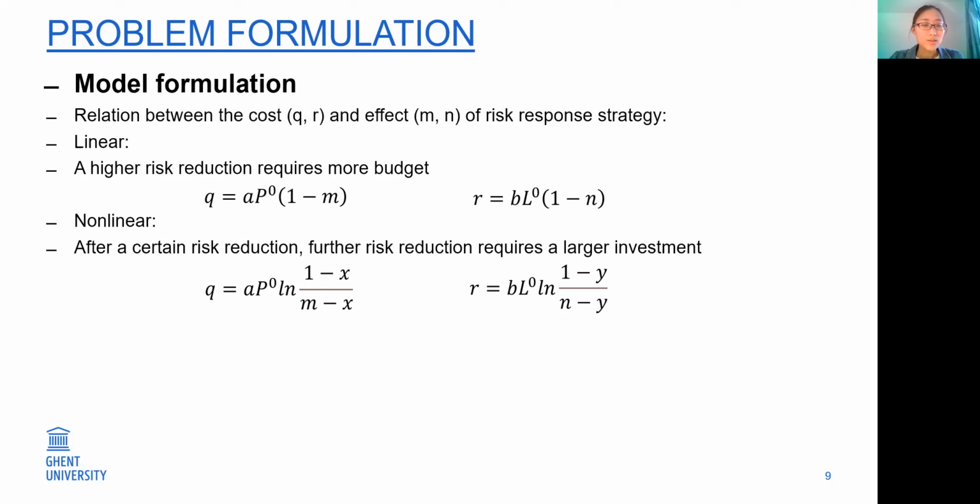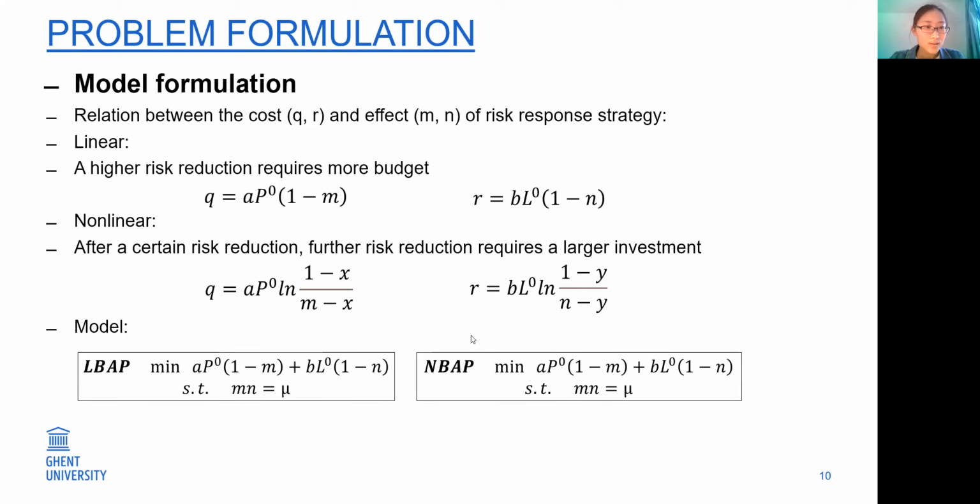And for the nonlinear function, we develop it based on a basic idea that after the risk is reduced to a certain level, further risk reduction will require a large investment. Thus, based on these two risk cost functions, we formulate two mathematical models.